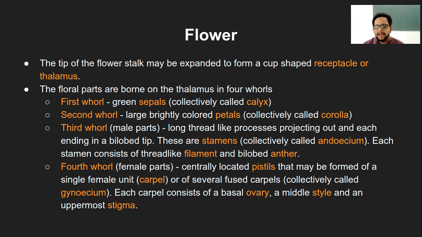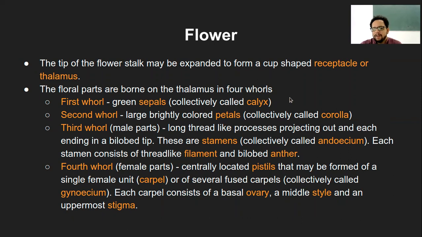In biology, the word processes can also be used as an extension or outgrowth or projection. Like the hairs on my head are processes, or the skin hair that we have, they are also processes, that is the outgrowth or projection on the skin.